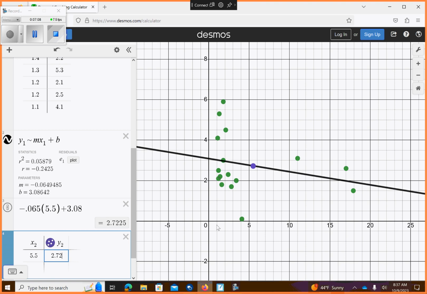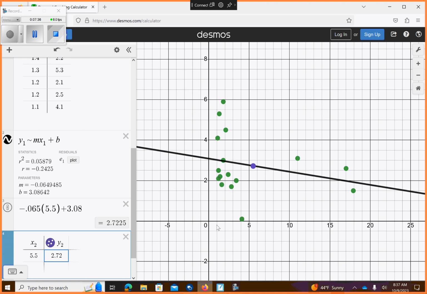All right, so the slope is negative 0.065. So that means the inflation rate drops 0.065 for every $1 trillion in gross domestic product. And then find and interpret the y-intercept.